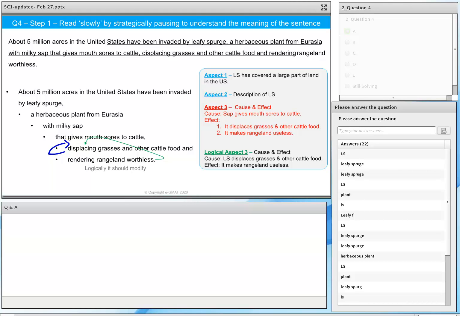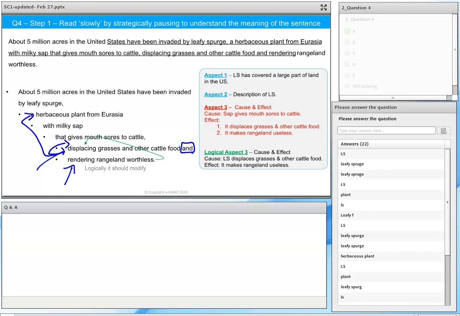Okay. So we understand that displacing grasses must not be connected with milky sap. It must be connected with the herbaceous plant, because the way the sentence is written, this cause and effect is absolutely bogus. Another part, we have two comma plus verb-ing modifiers connected by "and." Let's check the logical standing of this part. Rendering rangeland worthless. So what is this part saying?